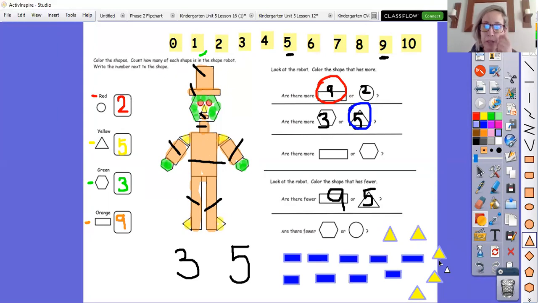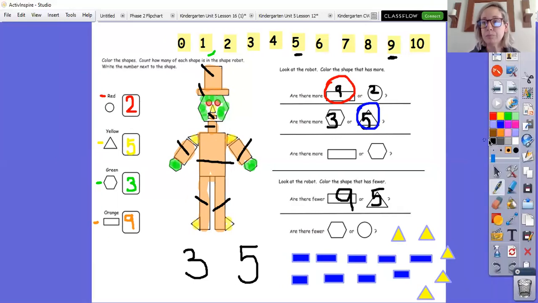You can kind of see by looking at it. It looks like, to me, just by looking at it, that the triangles are smaller. But let's cross them off to figure it out.